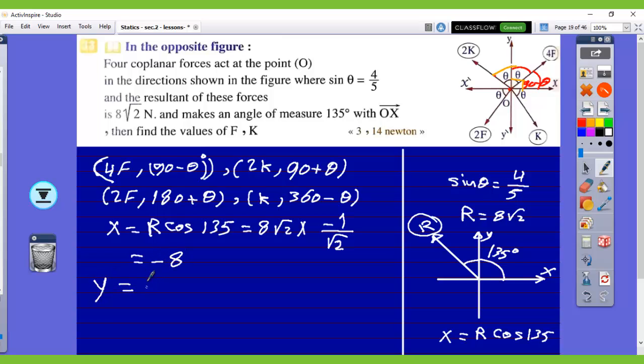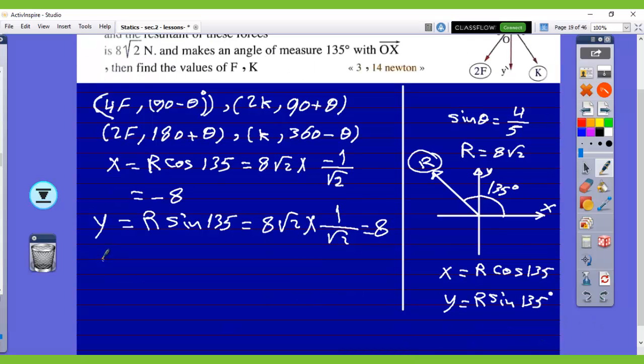y equals R sine theta. Sine 135 equals, R is 8 root 2, sine 135 equals 1 over root 2. Finally, it equals 8.